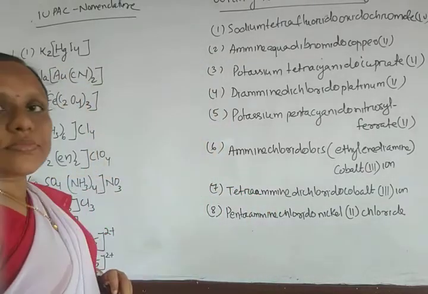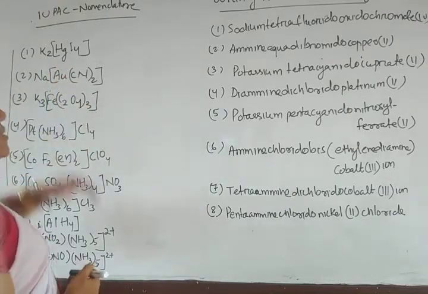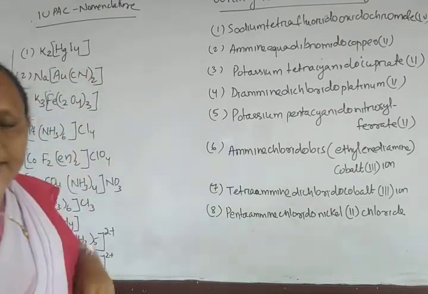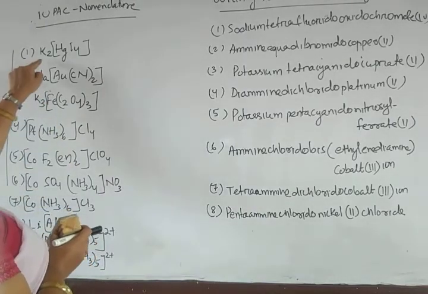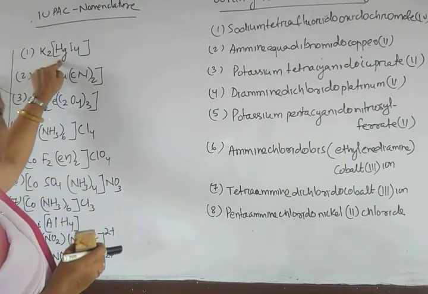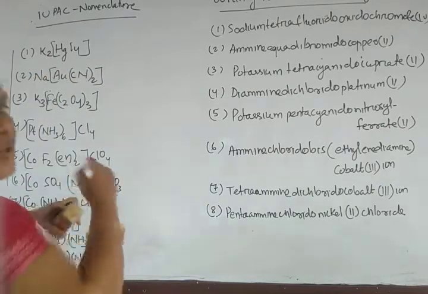Look here. First, K2HgI4. This is the cation part, and this is the anion part. The name of this compound is potassium mercury. First find the oxidation number of mercury.